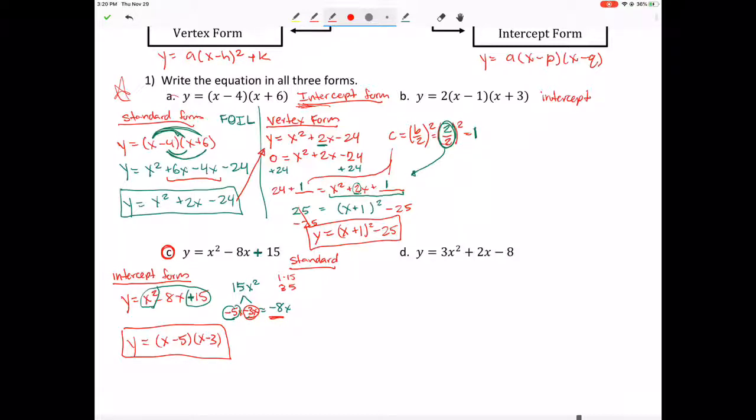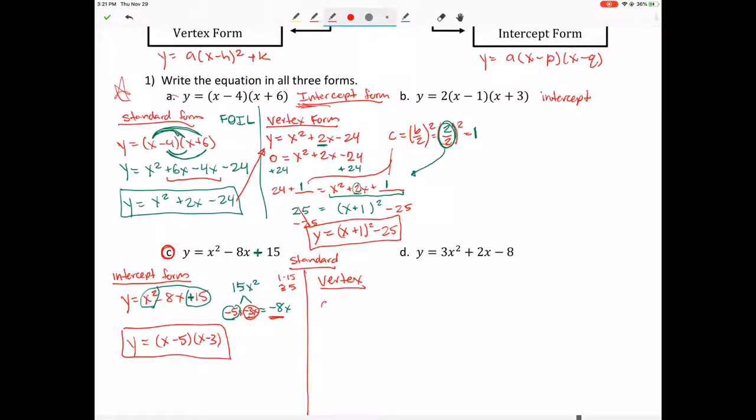All right, and then vertex form. So we still need to do vertex, which we did above. It's kind of difficult, but if you work on it and watch and practice, you will be just fine. So in standard form, we remove the y for later.